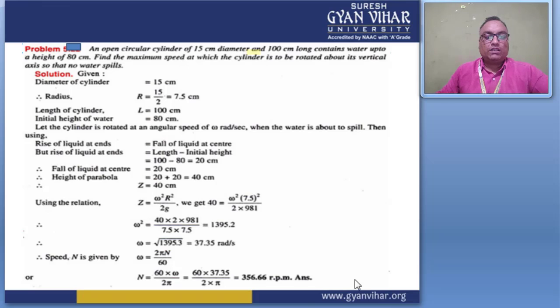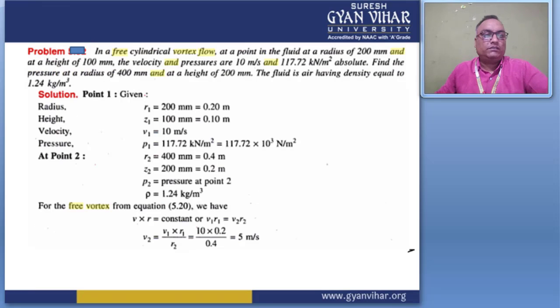Now move to the next numerical problem. In this question, in a free cylindrical vortex flow, at a point and a height of 100 mm, the velocity and pressure are 10 meter per second and 117.72 kilonewton per meter square absolute.